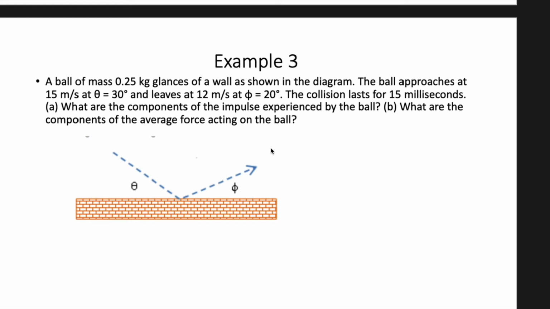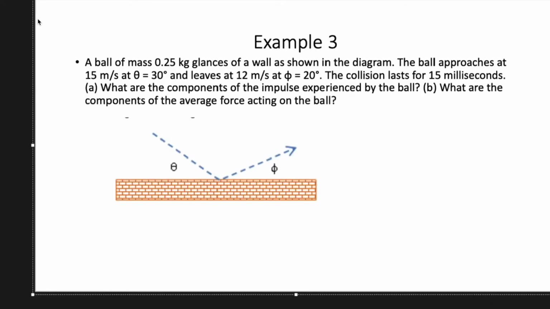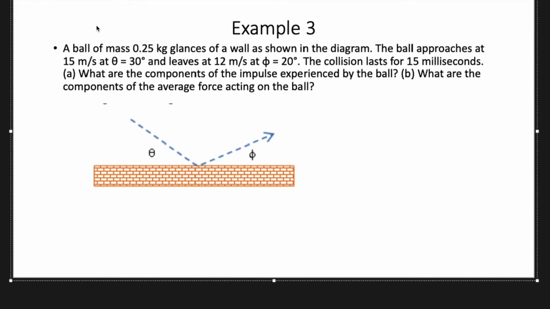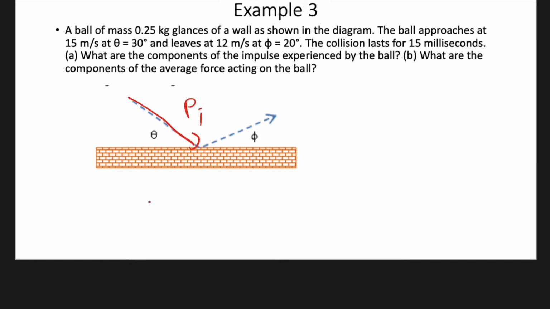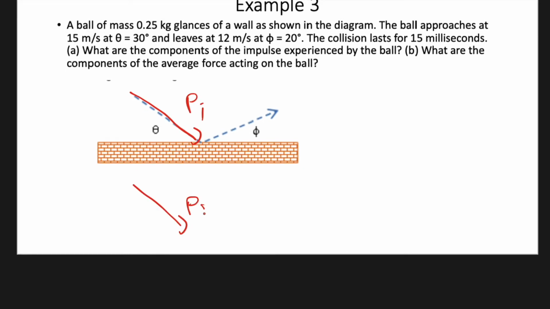To calculate impulse, you need to calculate the change in momentum for each component, the horizontal component and the vertical component. Let's say here is your initial momentum. You can separate it into different components.